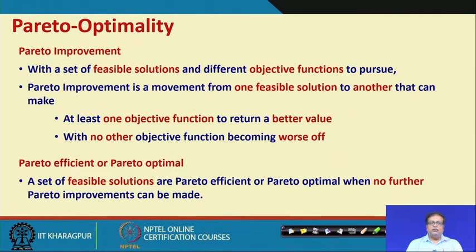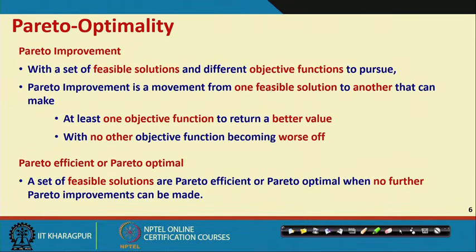First, let us understand the basic concept of Pareto optimality. Let us assume that we have a set of feasible solutions and a set of different objective functions. The first concept is Pareto improvement.